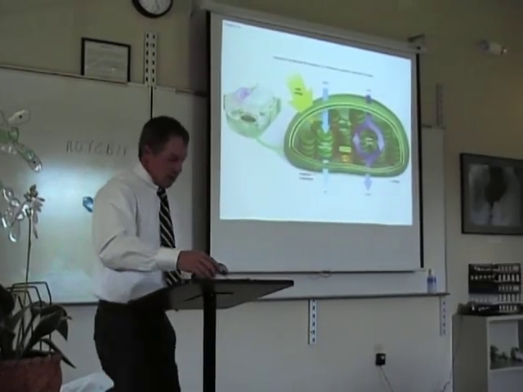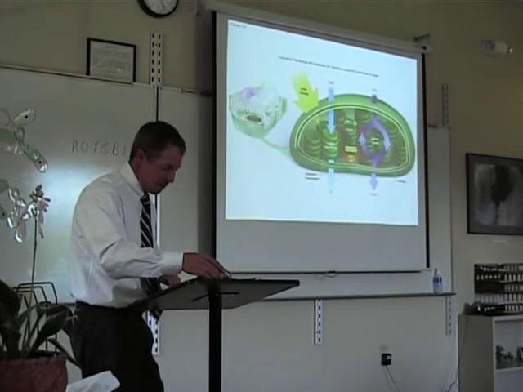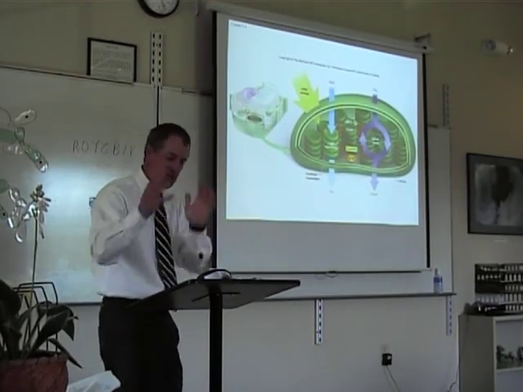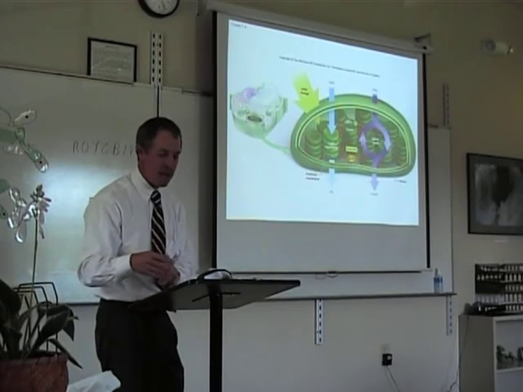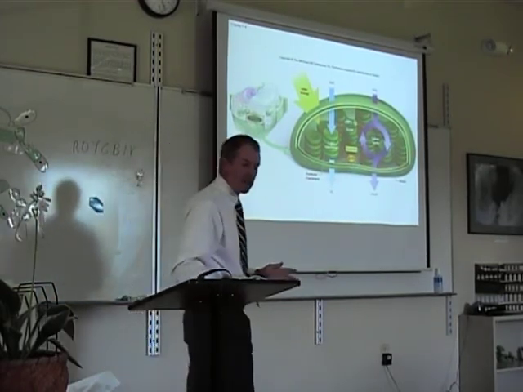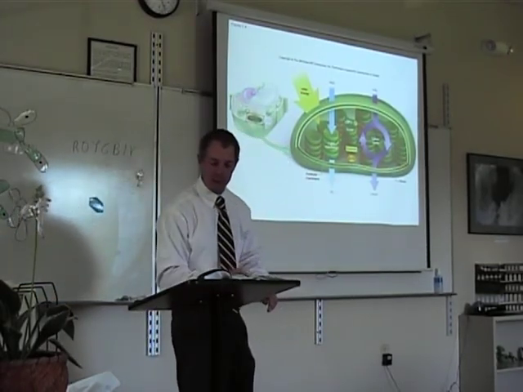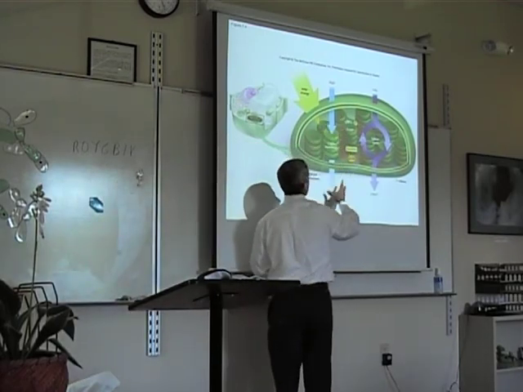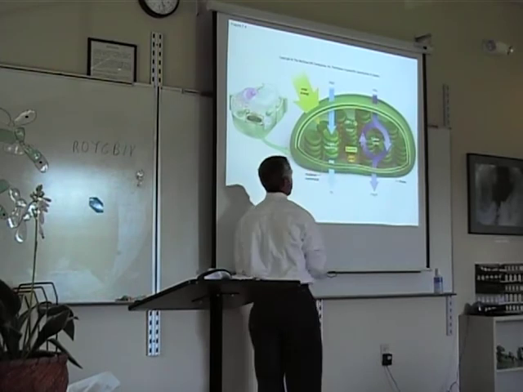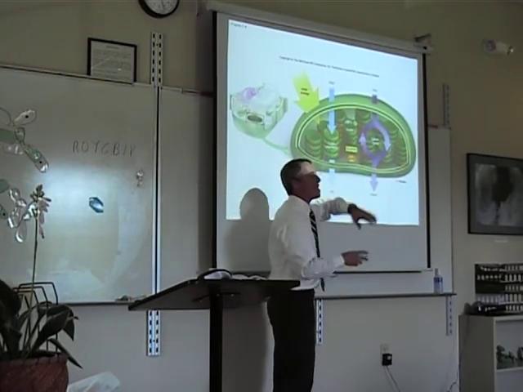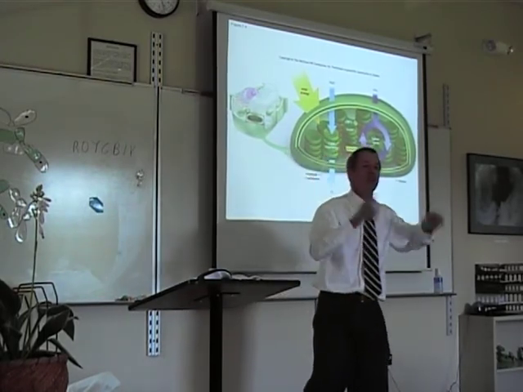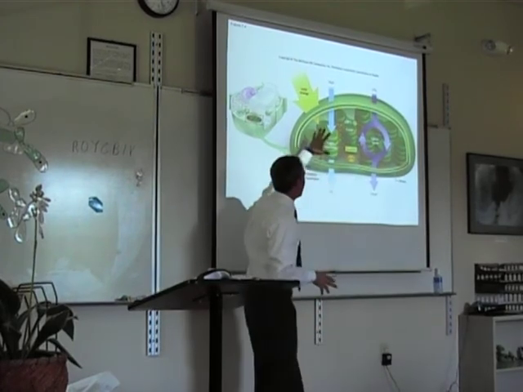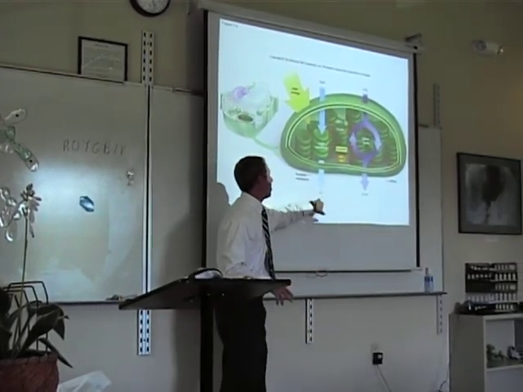So, this equation happens in 2 sets, 2 halves. On page 119, this is the last page you're reading. Tonight you do 7.1 and 7.2. The first set of reactions is called the light reactions. The light reactions happen in the daytime when the sun is shining, and they produce the oxygen.